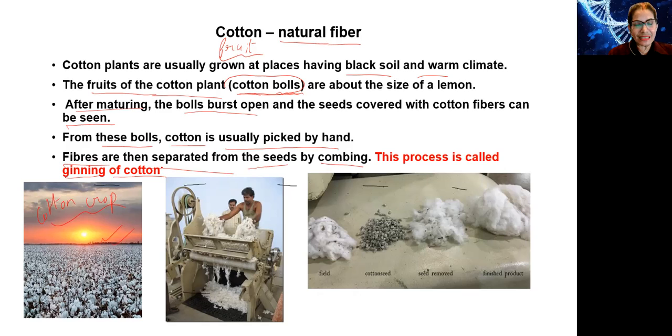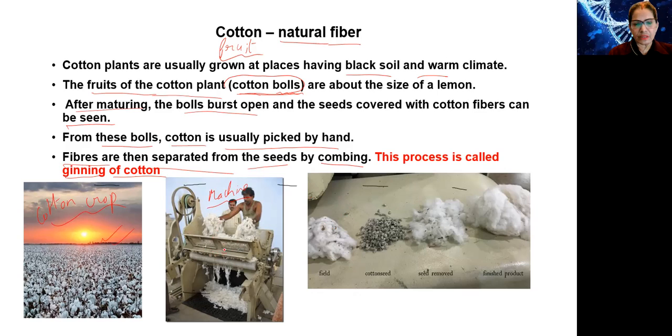Removing the seed from the cotton is known as ginning of cotton. Now this ginning can be done either using a machine, as these days it is used, or it can also be done by hand, just by using a sharp object so that the seeds can be removed from the cotton. It can be done by hand also.